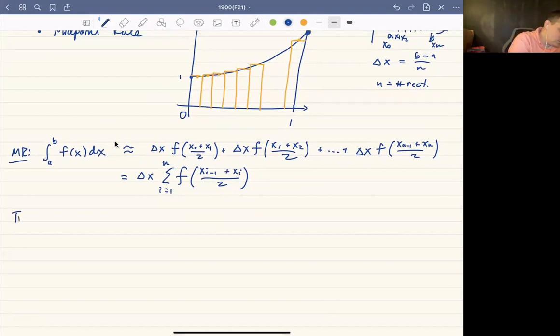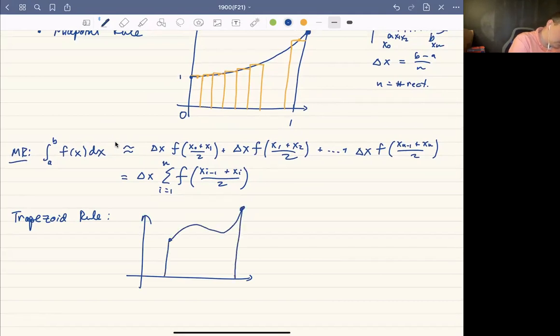Next is the trapezoid rule. The trapezoid rule is what it sounds like. We're going to take our function, and we're going to split up our region again, this time into trapezoids. So this will work a little bit better here. We take a point here, here, here.